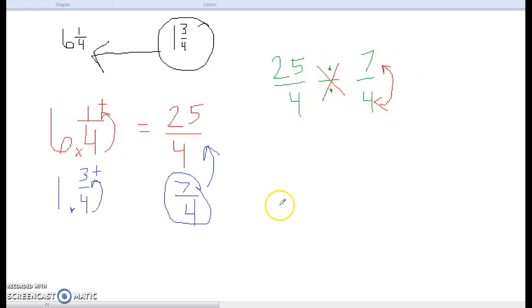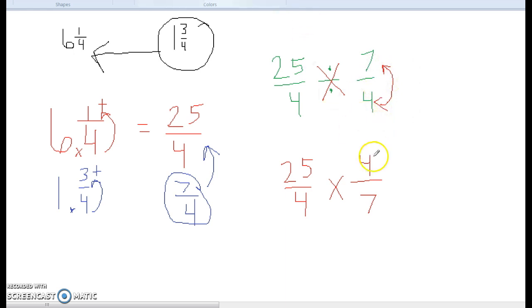So let me rewrite this. We have 25 over 4 times 4 over 7, because we flipped this one so that the bottom is on the top and the top is on the bottom. Now we're just going to multiply straight across.